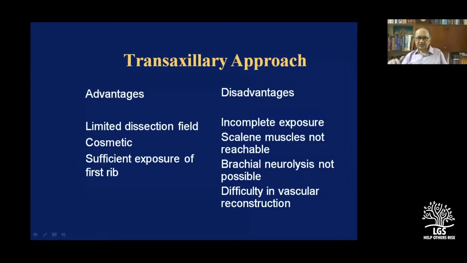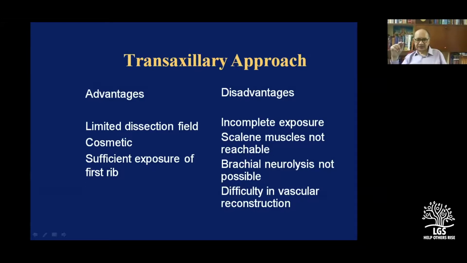Through the transaxillary route the scalene muscles are not reachable at all, but the scalenus anticus can be divided from below with ease. You need a very good retractor holder, meaning the person assisting you must hold the retractor well. You have a cosmetic line in the axillary skin, and there is no other scar tissue.